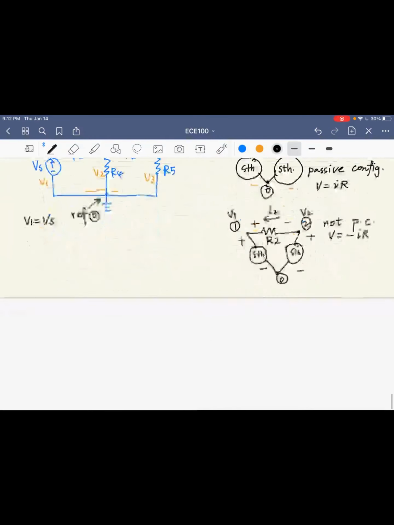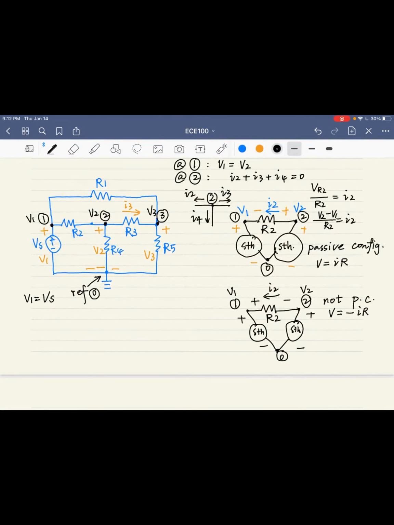And in this way, what do we get? We get that minus V of R2 over R2 equals I2. Please observe the differences between the two cases. In this case, the polarities of VR2 are different, but the result is still the voltage at the higher end subtract the voltage at the lower end.